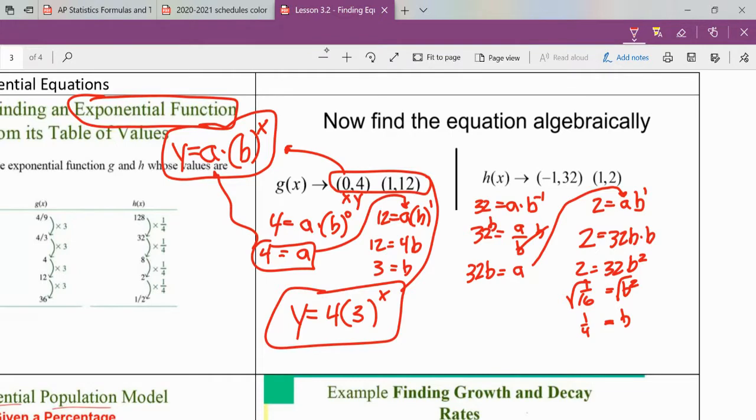But we don't have negative numbers for that b when we deal with exponential growth or decay problems. So there's my b value. I'm going to write that equation, y equals, my b value is 1/4. To get that a value, I put that in here. So 32 times 1/4 is 8. There's my a value.